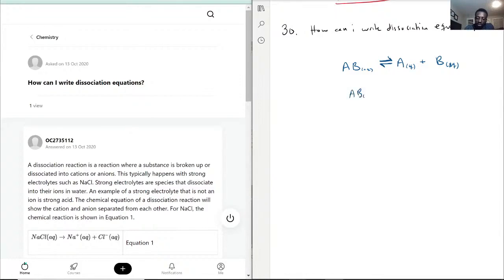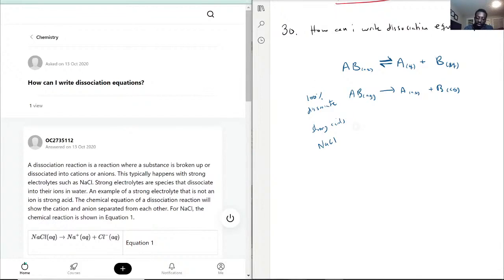This right here is only for things that 100% dissociate. Examples are things like strong acids, and most things bonded with sodium, so like NaCl.